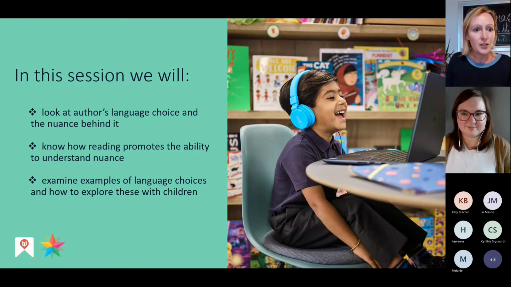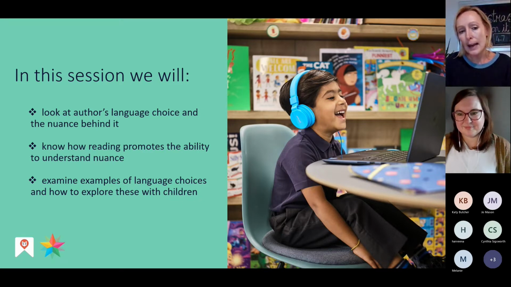So we're going to spend sort of 25-30 minutes looking at the author's language choice and the nuance behind it, and how that affects how we understand story and how we get engaged with narrative. We're going to have a look at how reading promotes the ability to really pinpoint that nuance, because nuance actually is a hugely important element of all our assessment points throughout our English education system.